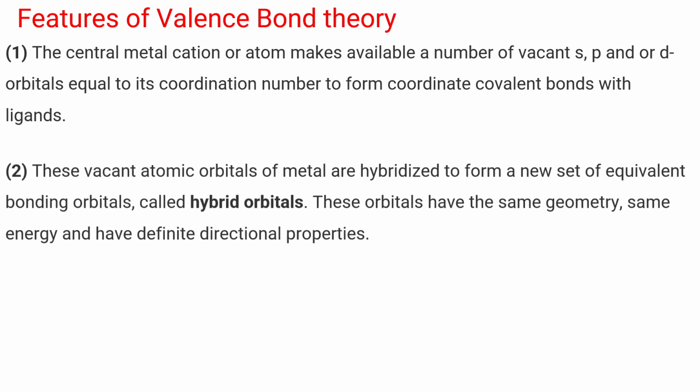The second point is the vacant atomic orbitals of the metal are hybridized to form a new set of equivalent bonding orbitals called hybrid orbitals. As I told you, these orbitals have the same geometry and same energy and have definite directional properties. So by hybridization, what did you understand?